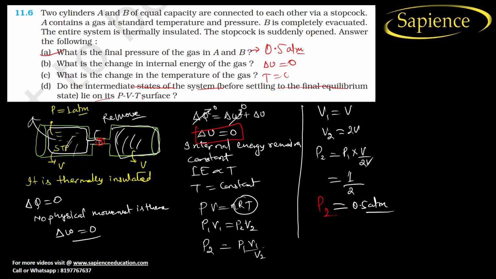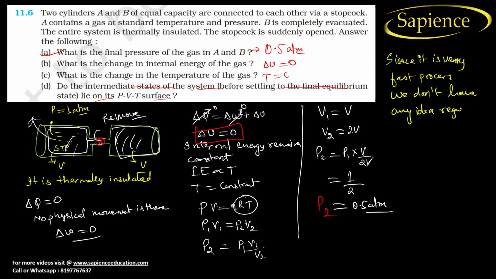Now one thing they are asking is whether the intermediate state, before the system settles to final equilibrium, lies on the PVT surface. Definitely not, because it is a very fast process, so we don't have any idea what is happening at the intermediate stage.